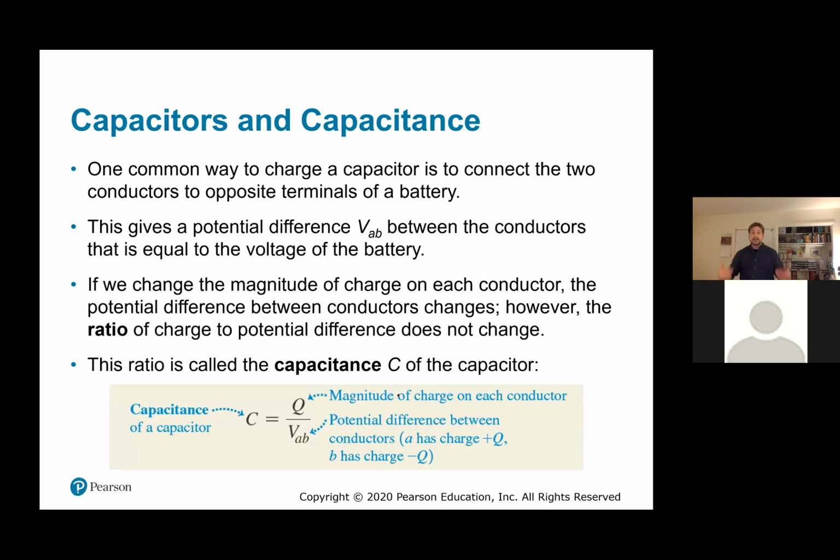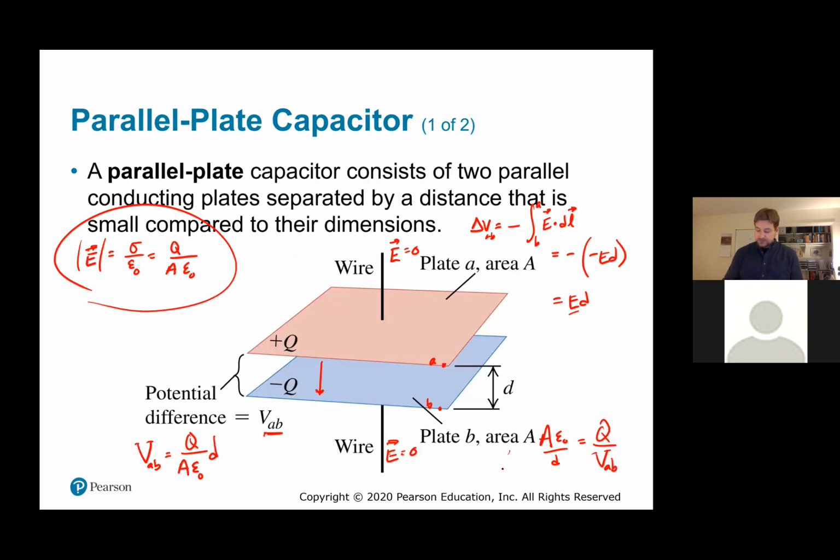Like capacity, how much charge for a given size bucket. If we have delta V, a potential difference to play with, how much charge can we store? Capacitance. Cool. And in fact, we've already written the capacitance of a parallel plate arrangement: it is the area of the plates times the permittivity divided by the plate separation.